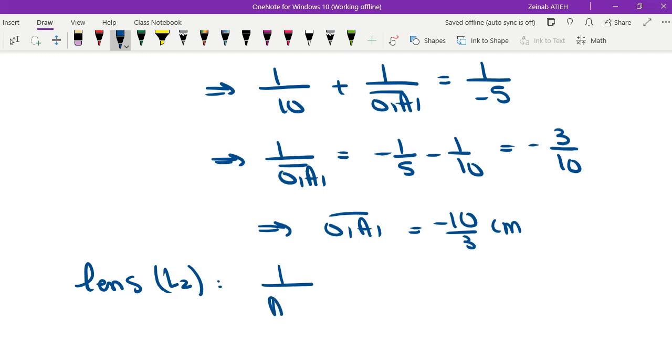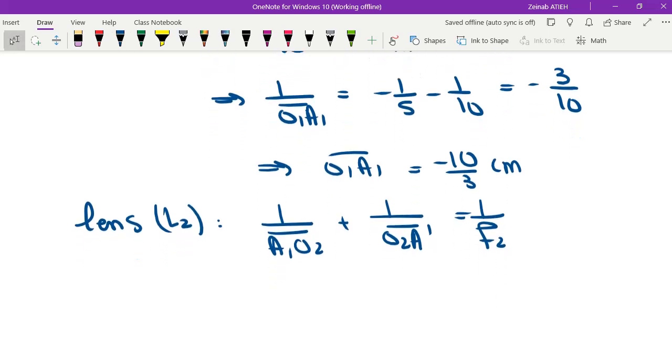1 over A1O2 plus 1 over O2A prime equals 1 over F2. نحن جبنا ال A1 بالنسبة لل O1, so we insert the letter O1، وأنا بدي أجيب ال A prime.